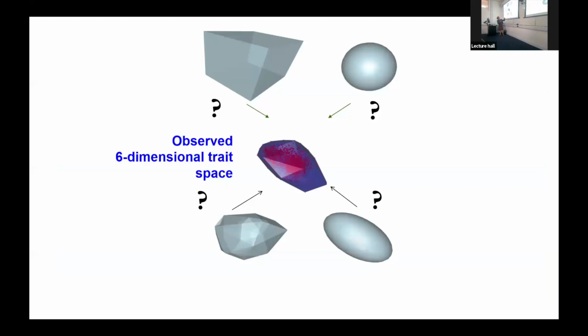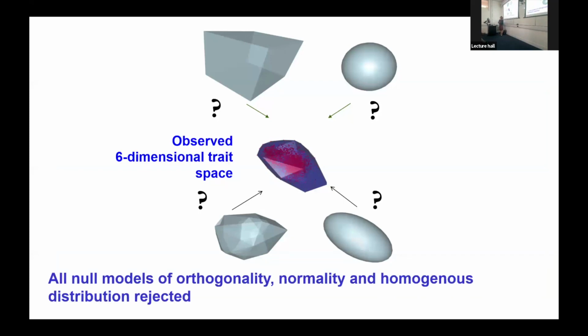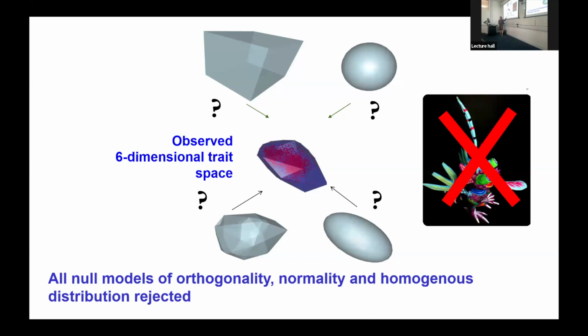We built the observed phenospace here, and we tested against a number of null models. We rejected all null models, meaning that the observed global plant phenospace is subject to strong constraints and trade-offs, and is very granular, very lumpy. In other words, there are not very many alebrijes in the plant world.